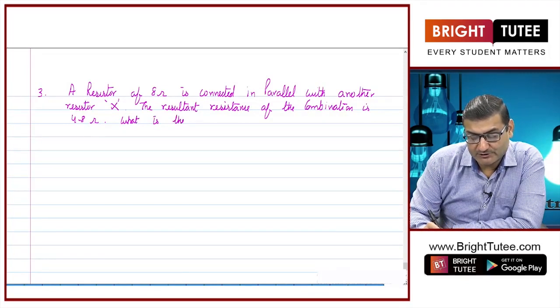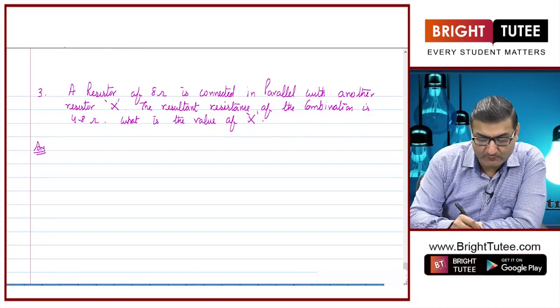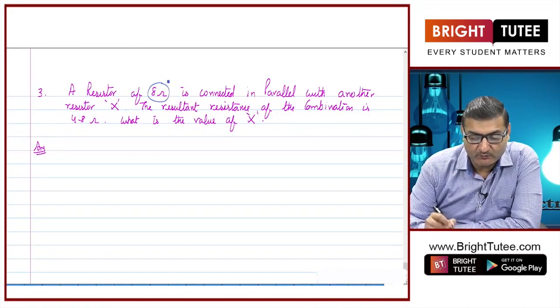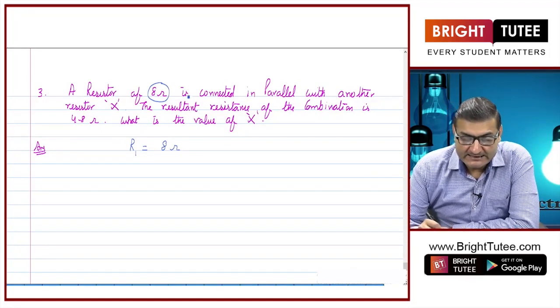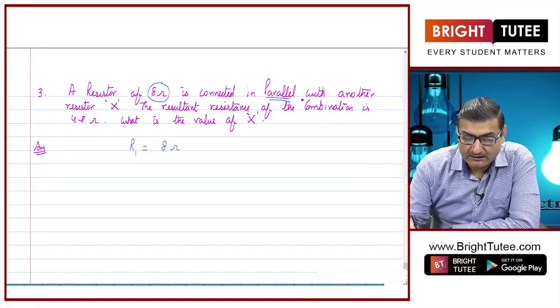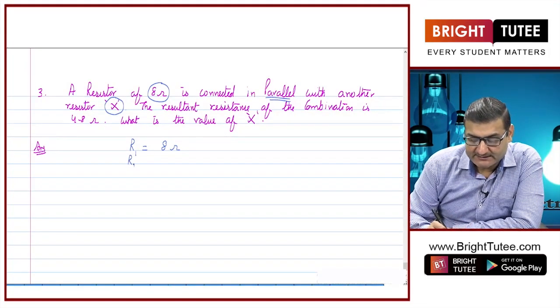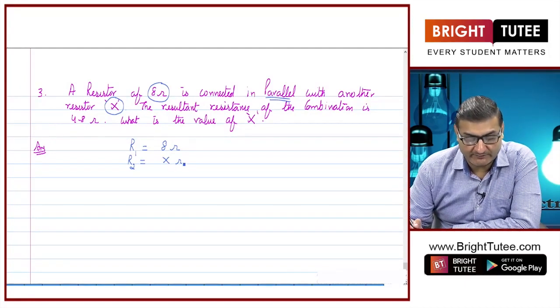Now, this question has been changed a bit. Let us see what exactly the question is saying to us. It is saying that a resistor of 8 ohms, let this resistor be R1, the first resistor given to us, is connected in parallel with another resistor X. So, let this be the second resistor X. This is X ohms, we do not know the value of it, right.